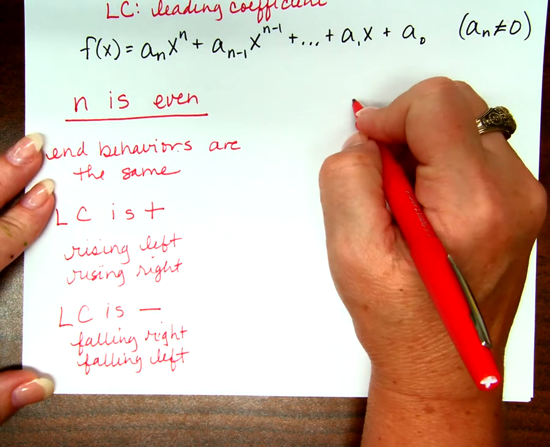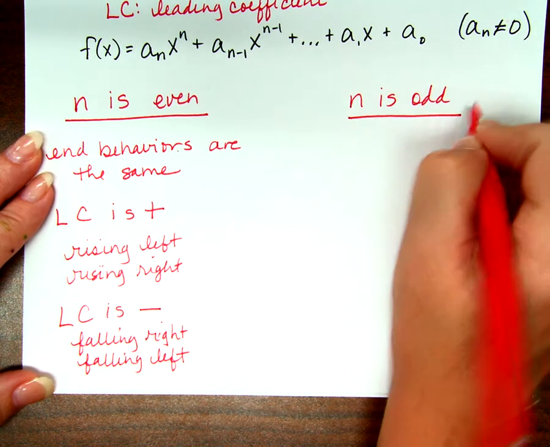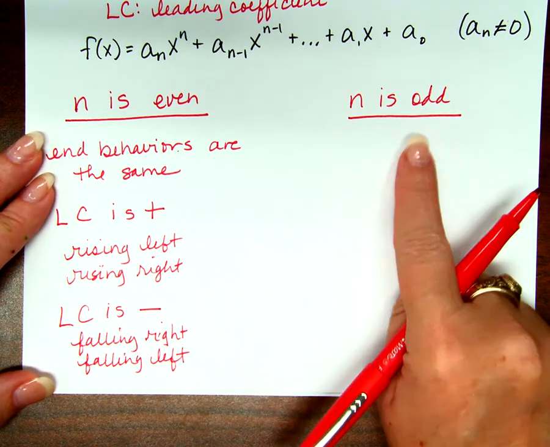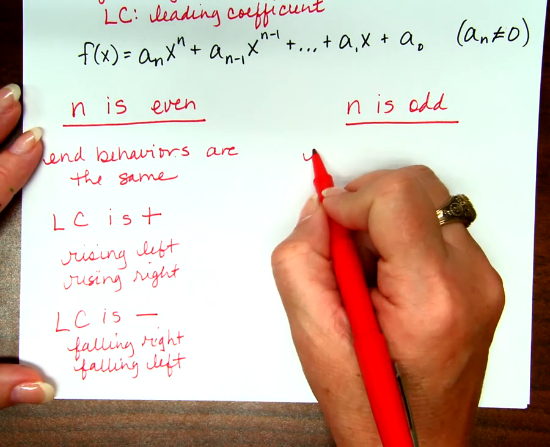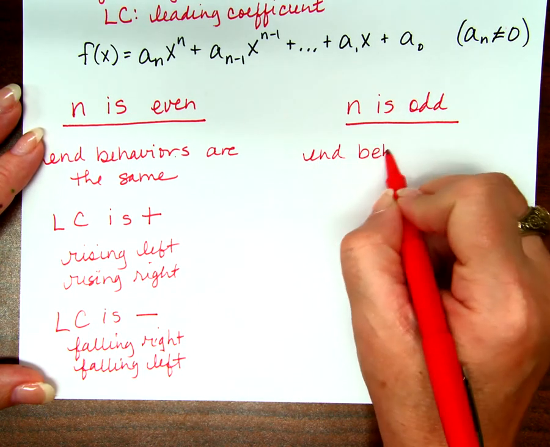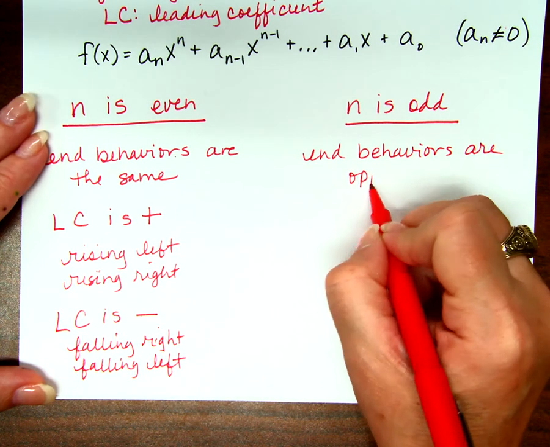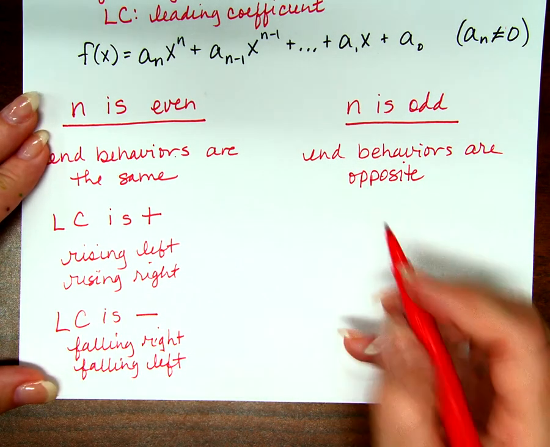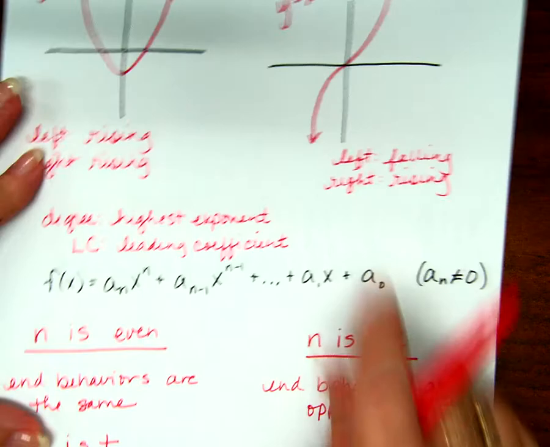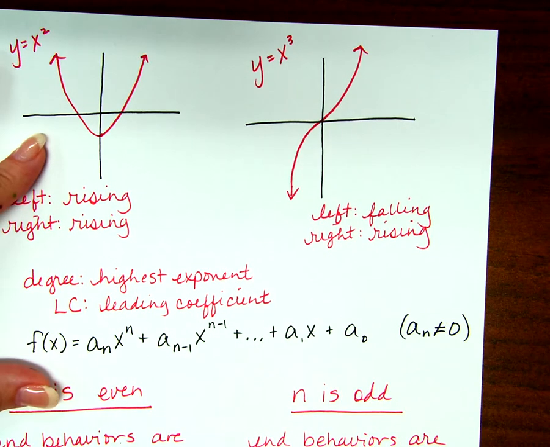So what if n is odd? Knowing the notes that we just took over here, make some assumptions about this category. The end behaviors are opposite. Thinking about x cubed, like this, what happens if the leading coefficient is positive?